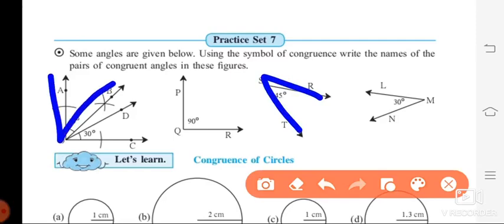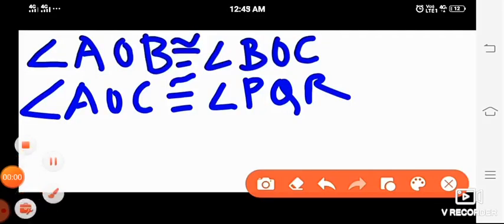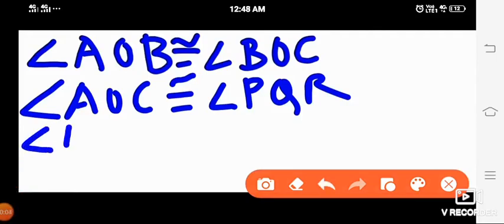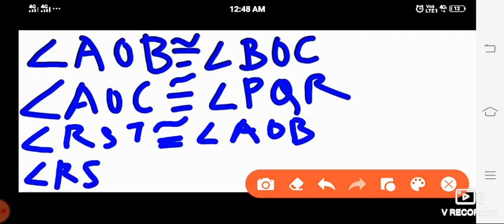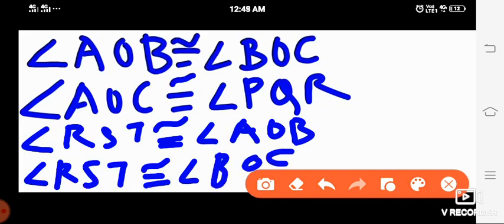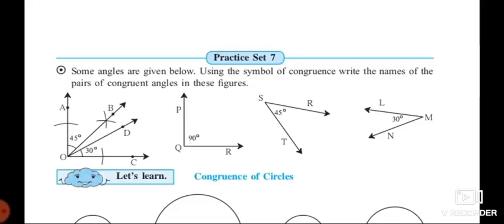Okay, and then angle RST congruent to angle BOC. Okay, so the third pair, that is angle RST congruent to angle AOB, and next, angle RST congruent to angle BOC. Got it?